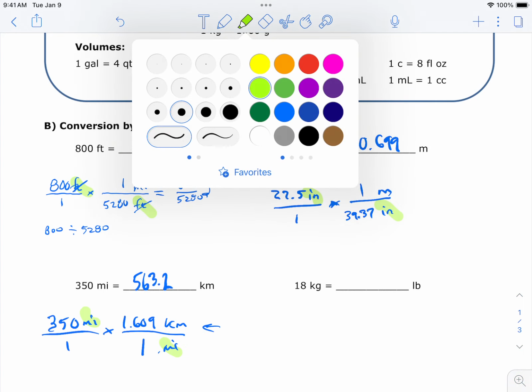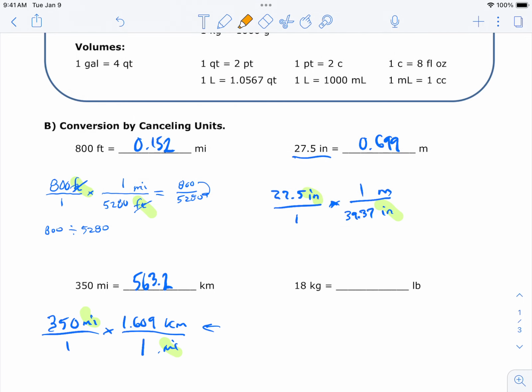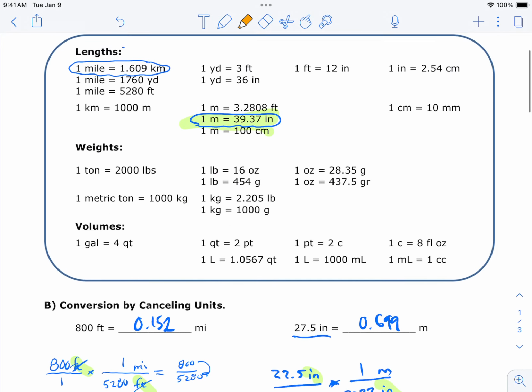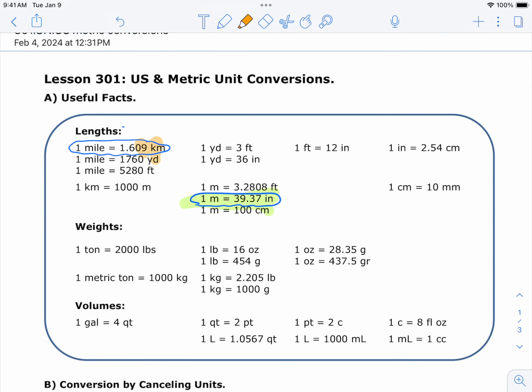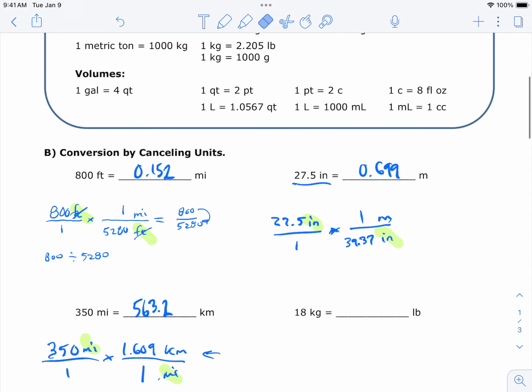Now this is something I kind of like. Usually when people are flying by the seat of their pants, so to speak, they got these conversion factors, and they look up the conversion factors, and then the whole question is, am I supposed to multiply or am I supposed to divide? You're always going to either multiply or divide, right? Well, if you guess, it's a 50-50. If you're not quite sure, it's probably still a 50-50, right?